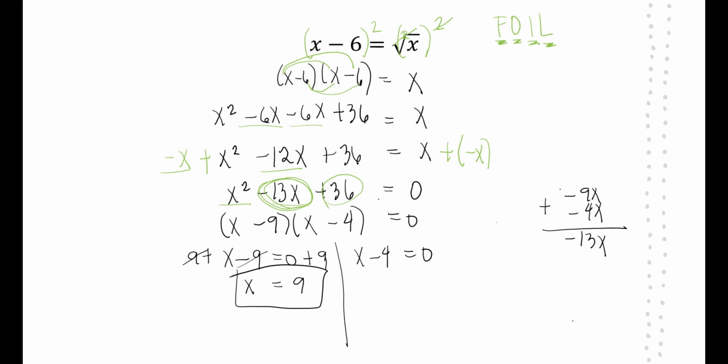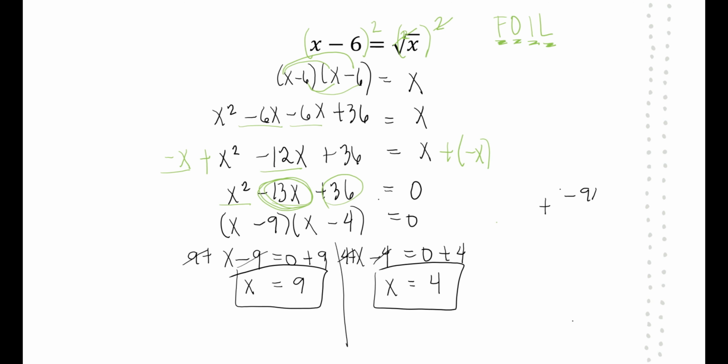On the second equation, x minus 4 equals 0, we have to add 4 to both sides of the equation and then simplify. 4 minus 4 is equal to 0, so only the variable x would remain, and 0 plus 4 is equal to 4. And we have our second value of x, positive 4.